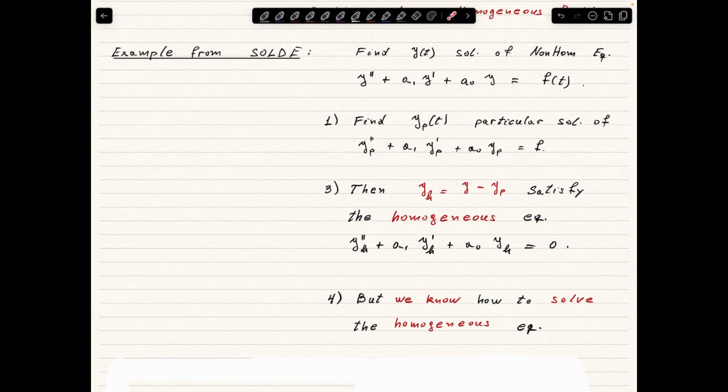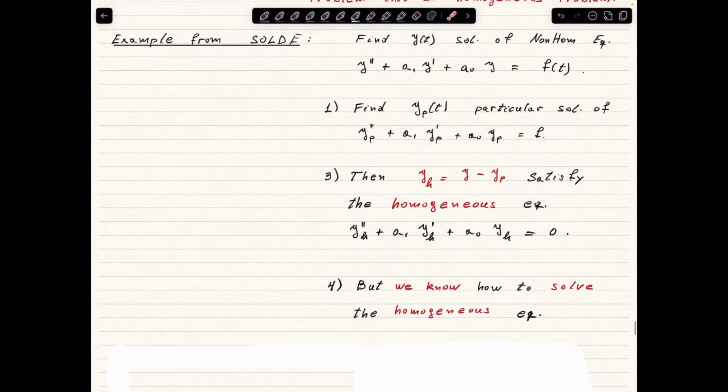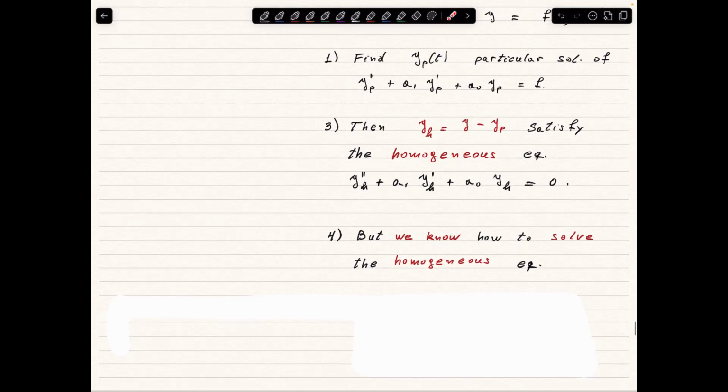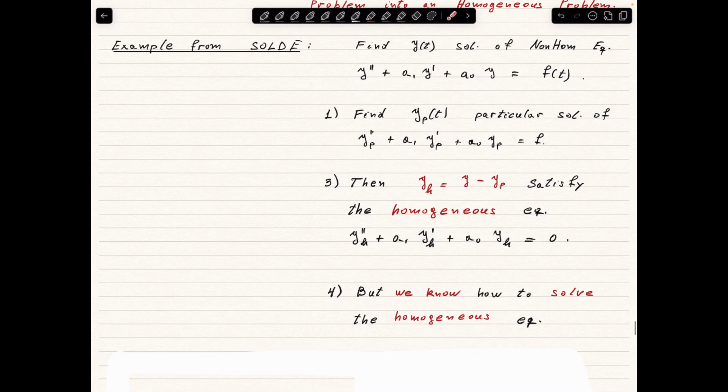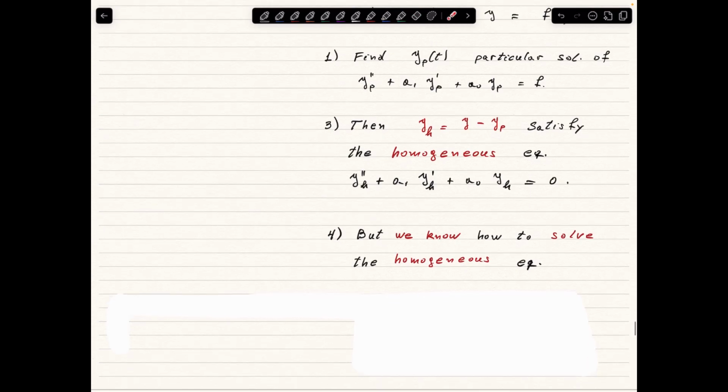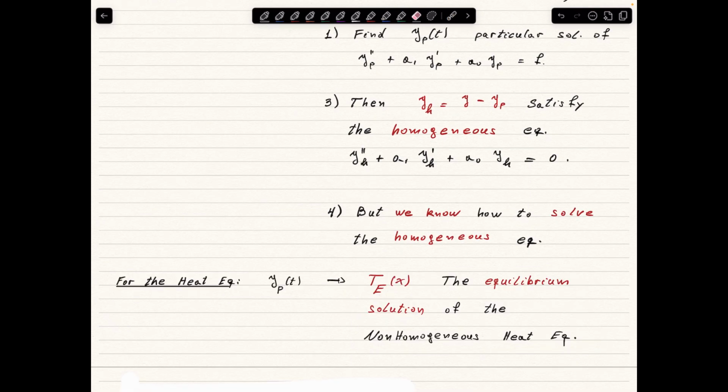And what we want to do now is to repeat this idea for the heat equation, where the non-homogeneous part is not in the equation but in the boundary conditions. So we are also going to translate the problem by a function, and in the place of the function yp here, it is going to be done by a function that we are going to call temperature sub E, from equilibrium.